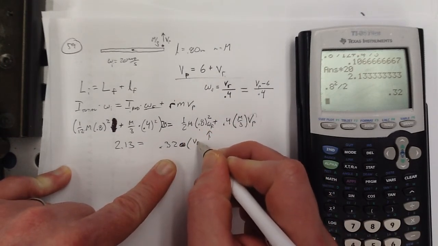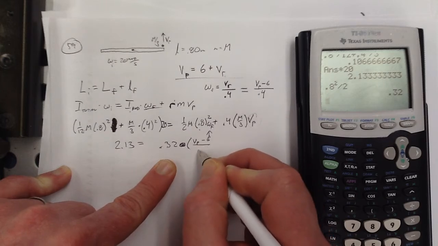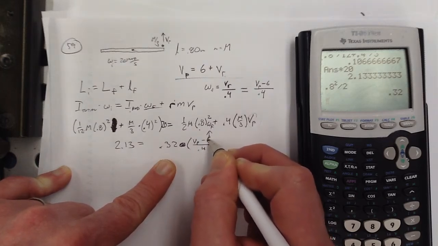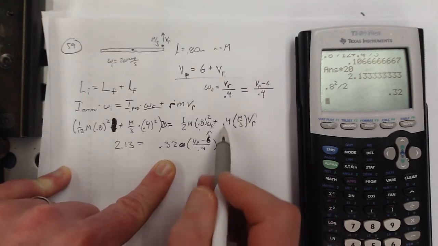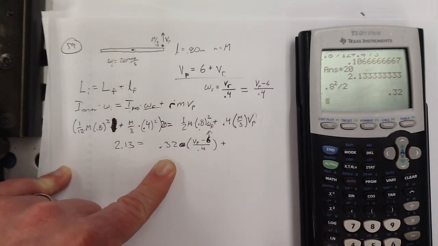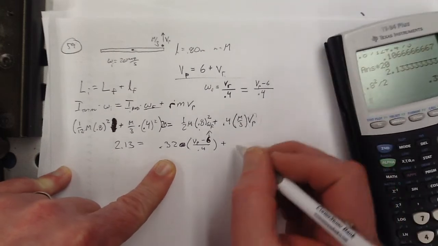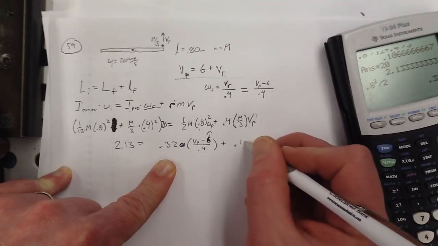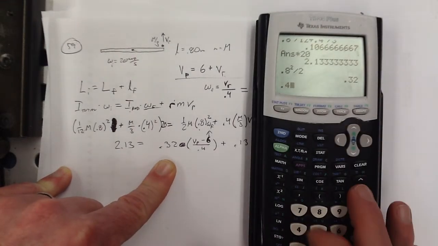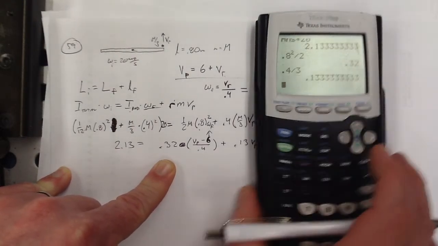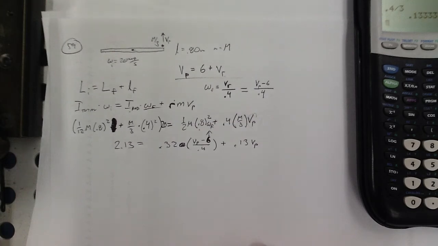VP minus 6, 0.4, plus, m's cancel, 0.4 divided by 3, is that 0.13, I guess? 0.13 VP, right? I just got to make sure.